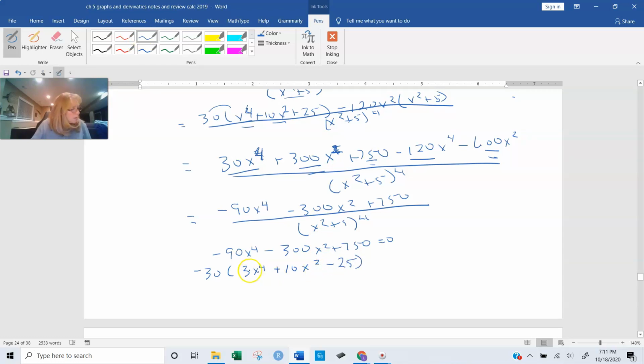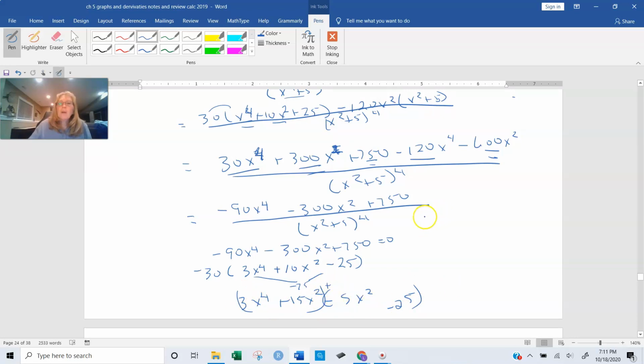All right, let's see if that thing factors. So this is a negative 75, factors of 75 that give us 10, 3x to the 4th plus 15x minus 5x squared minus 25. Let's group these.